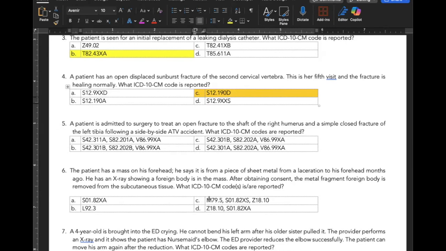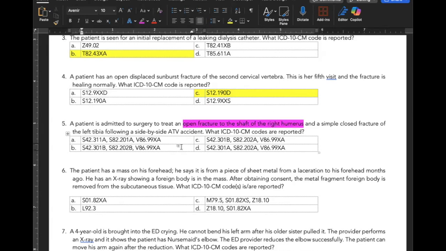Okay. So we have 2 separate fractures, right? Which one do we want to code first? The open fracture? Okay. Yep. The open fracture of the shaft of the right humerus. Perfect.